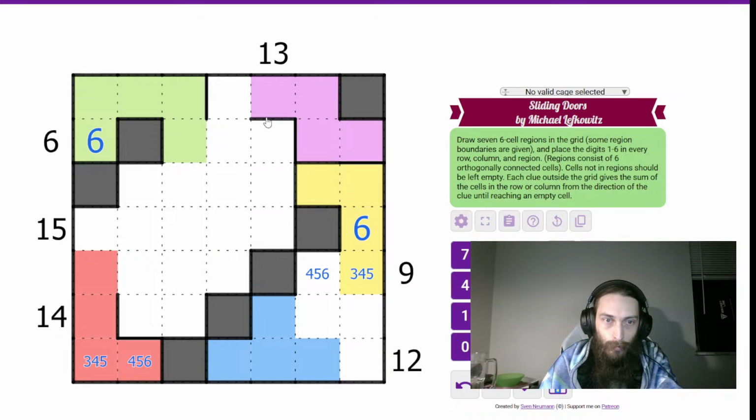This can't be purple. So purple goes one more, and purple isn't done yet, so it expands. So now purple's there. Green must expand, and green's reached 6. 1, 2, 3, 4, 5, 6. Purple's done. Orange must expand.